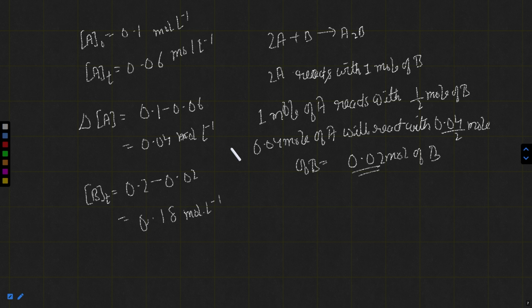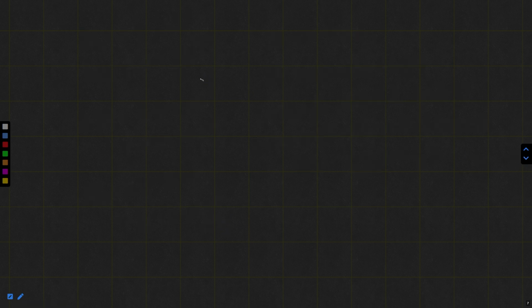Now again we have the concentration of A at time t and concentration of B at time t. We have to find the rate. So rate is equal to K A B square, where K was 2 into 10 to the power minus 6.